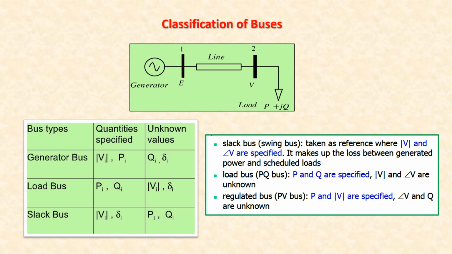So at these buses the active and reactive power are specified, and the magnitude and the phase angle of the bus voltage are unknown. These buses are called PQ buses, and in a system around 80 to 85% of the buses are PQ buses.